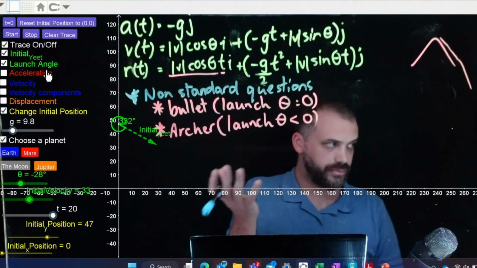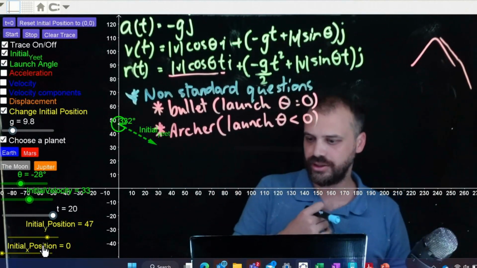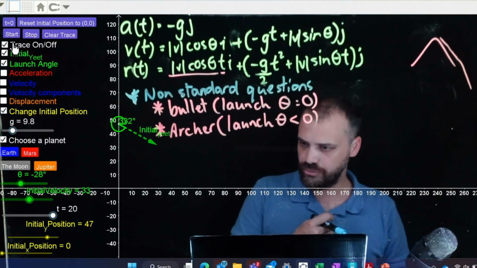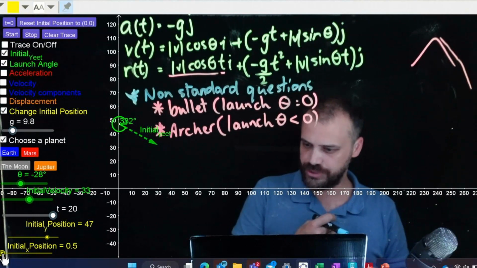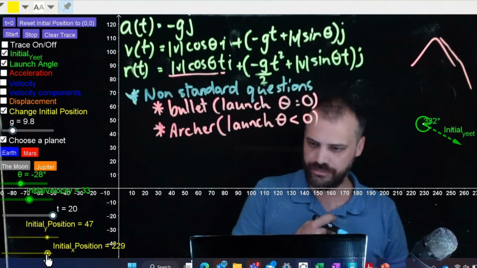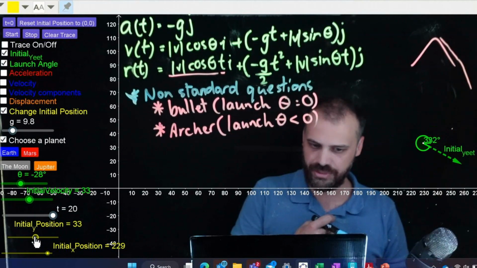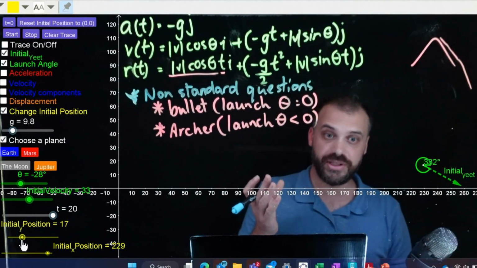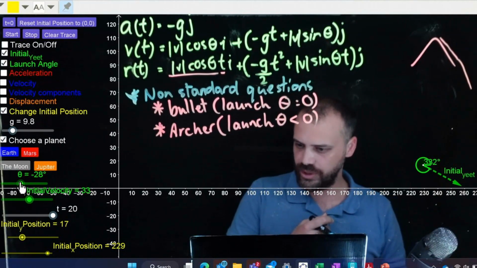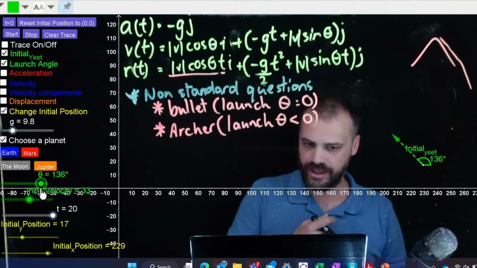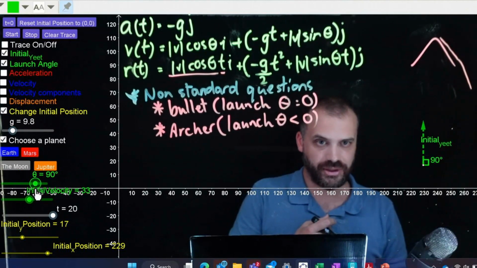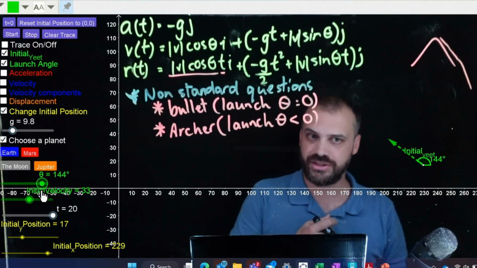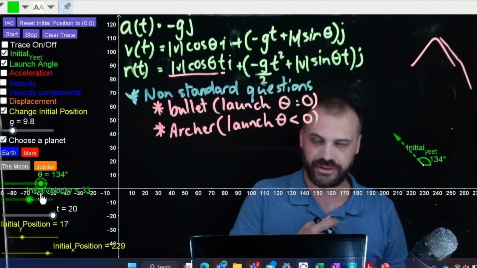And for my last one, a classic of the genre, we're going to really move our initial position by a long way. We're going to move it over to here. It doesn't matter how high or low it is, but we're going to move it over to there. And then we're going to shift our launch angle. Our launch angle somewhere between 90 and 180.